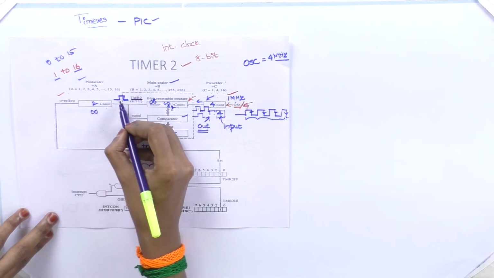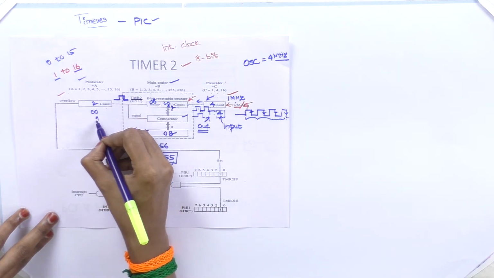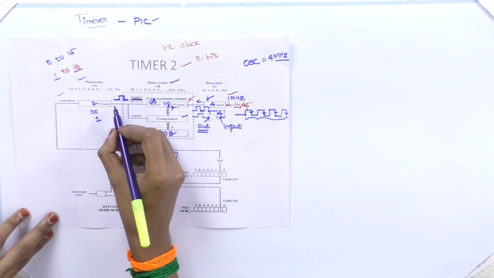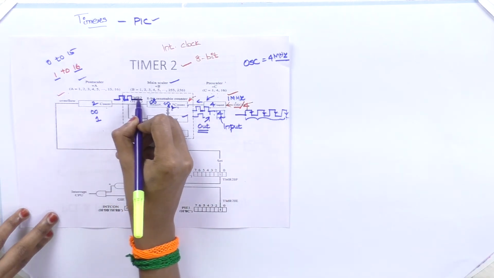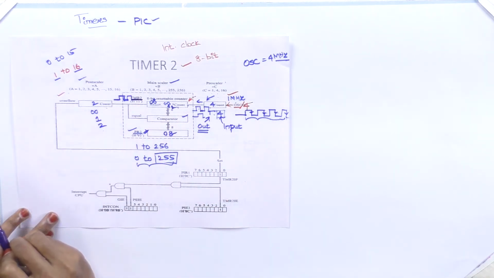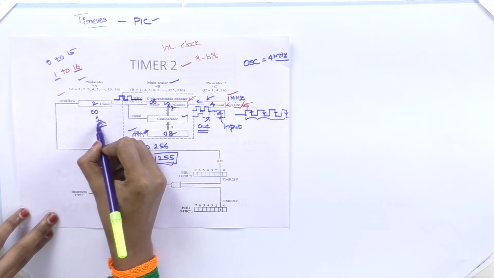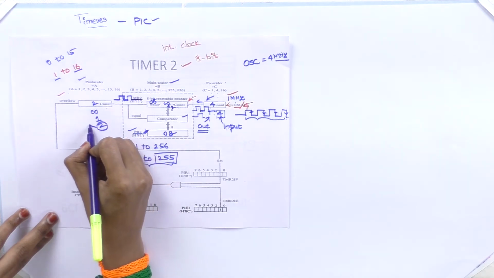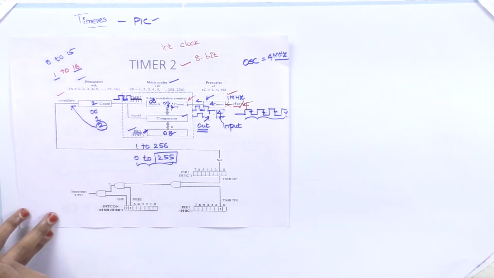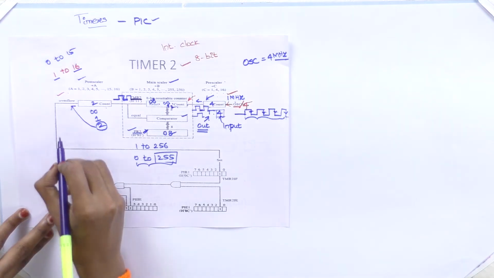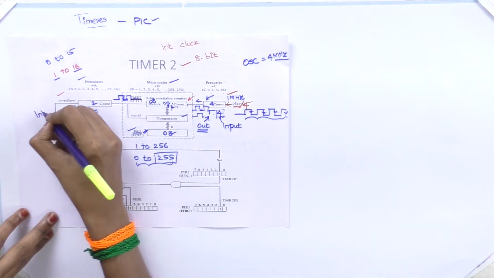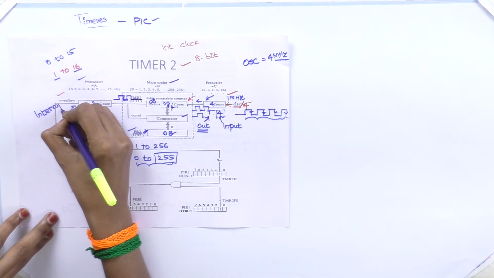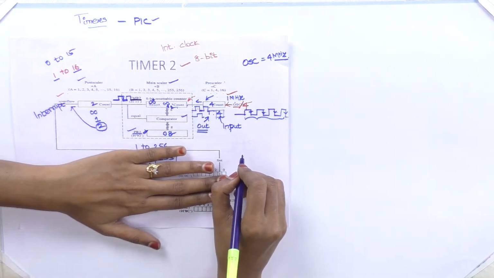When it receives a pulse, it will be incremented to 1. If it receives another pulse, it will be incremented to 2. Now it reaches the value, which means it has overflowed. Because of this overflow, an interrupt will be generated. We will discuss this interrupt part later.